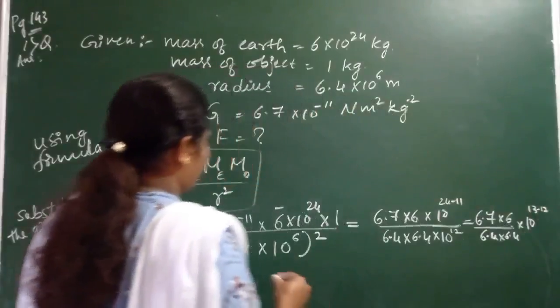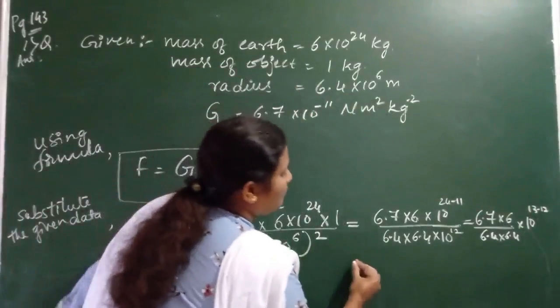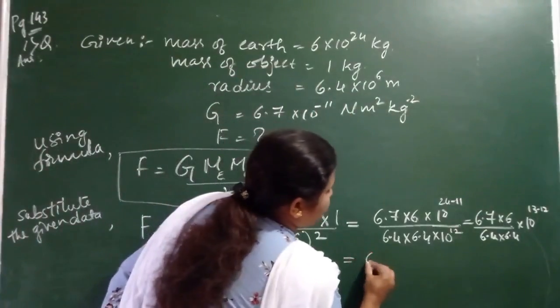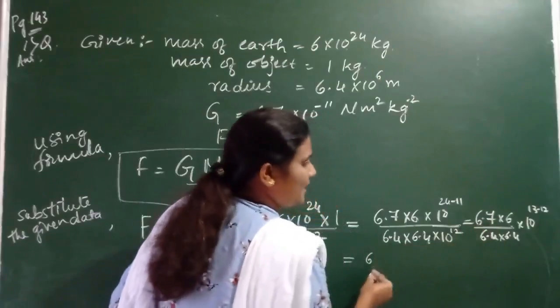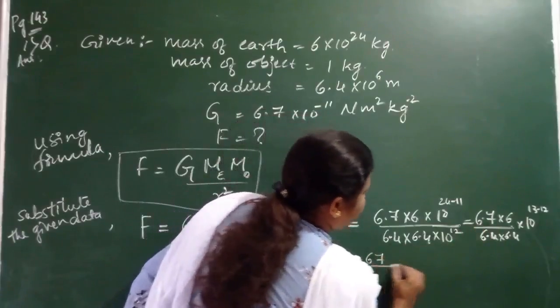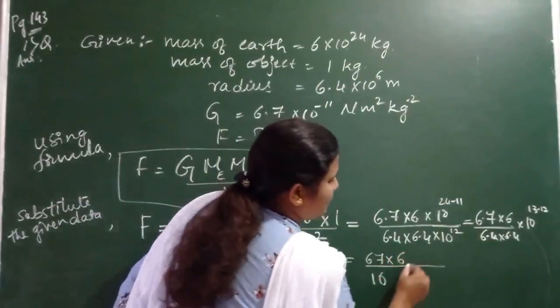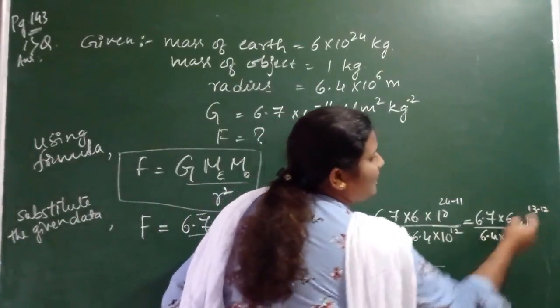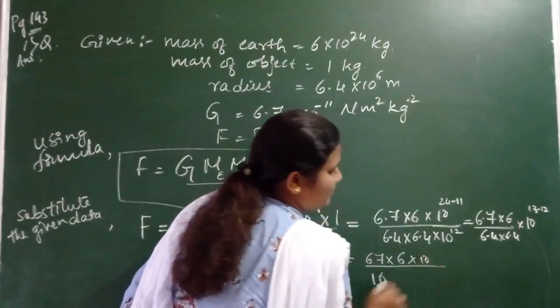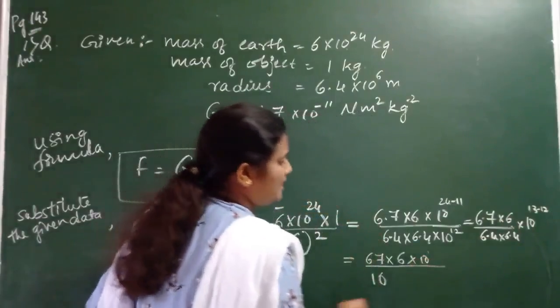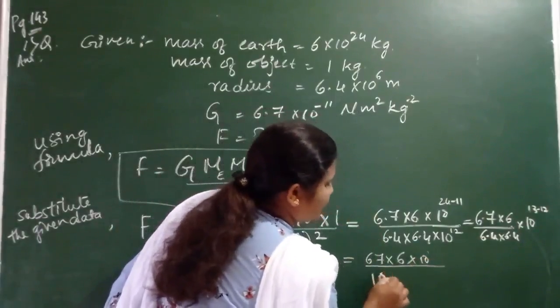Got it, children? Okay. Now 6.7 can be written as 67 divided by 10, into 6. Then 10 to the power of 13 minus 12 is 10 to the power of 1, this is 10, children.